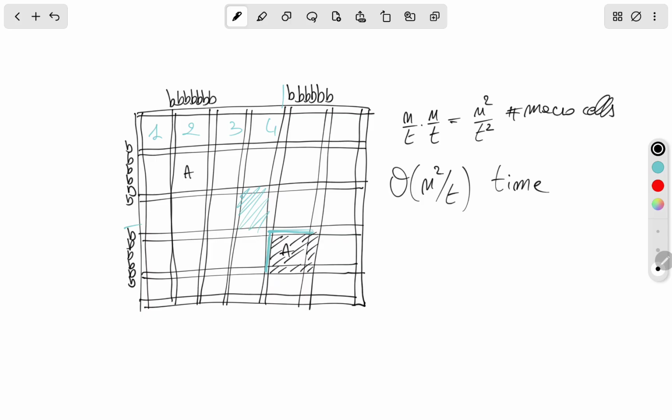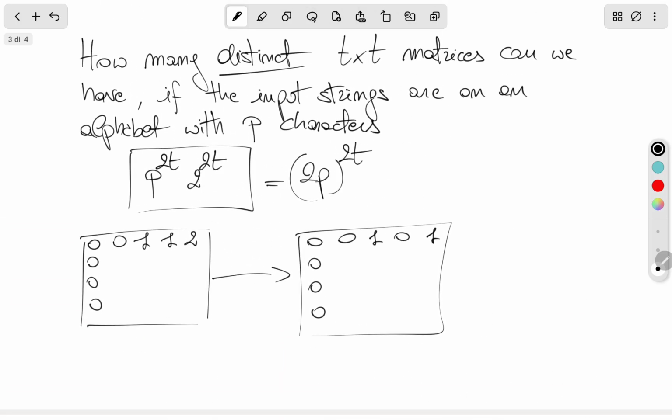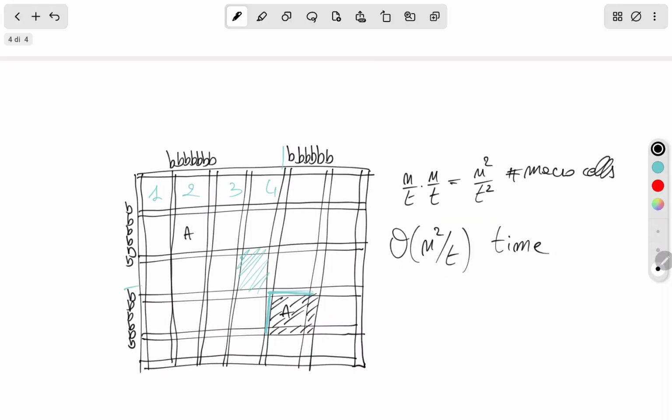Okay. So previously, we said that the smaller the t, the faster it is. Now it's the opposite. So it's a trade-off, and we need both phases.